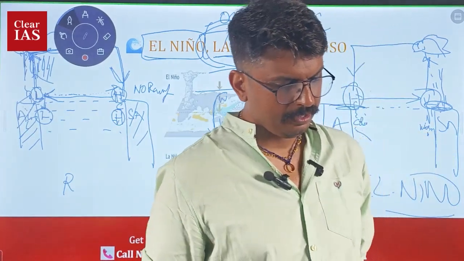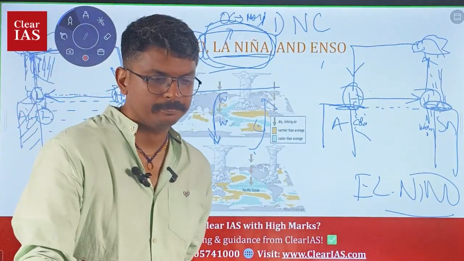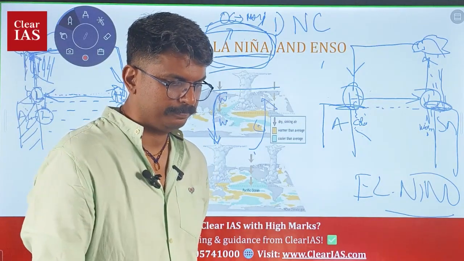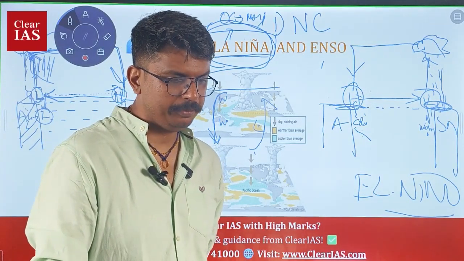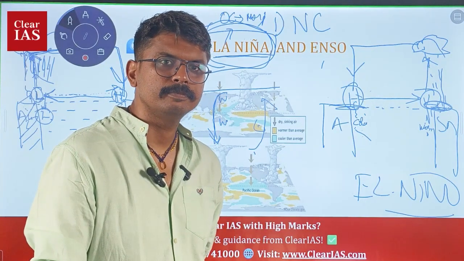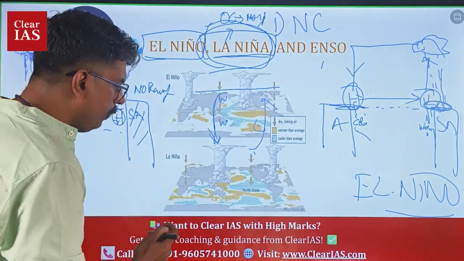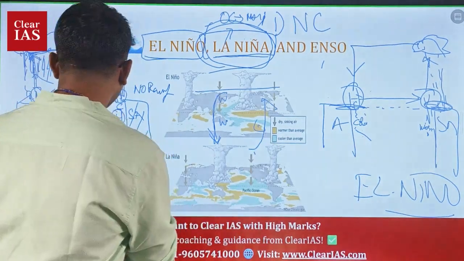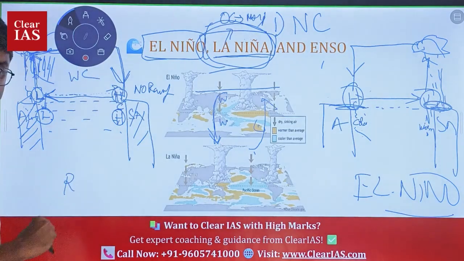Online friends, I think there should be at least 10 questions from this area. Any questions? Yeah, why is India affected? So, this cycle of air circulation is called the Walker cell.